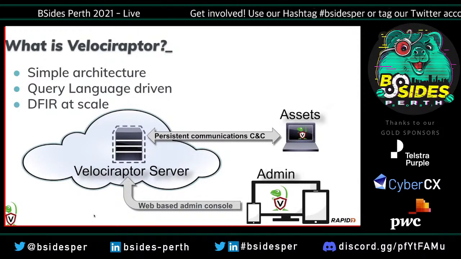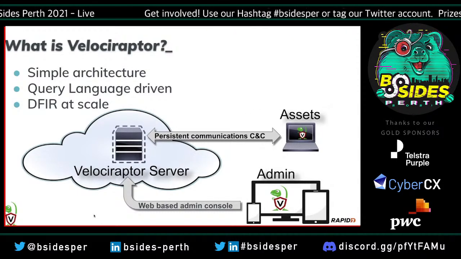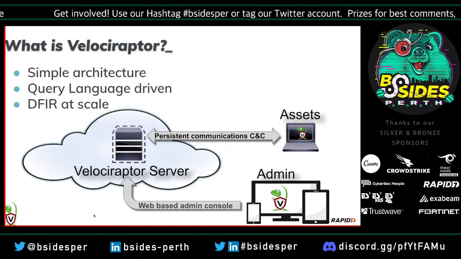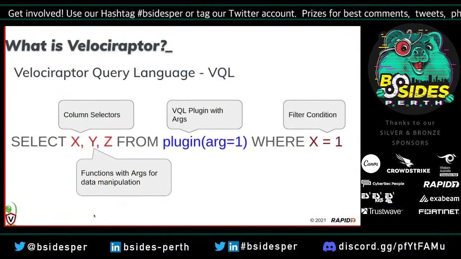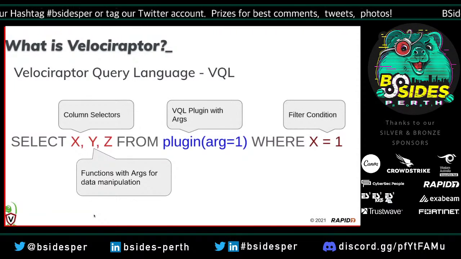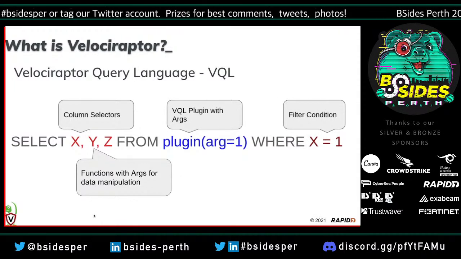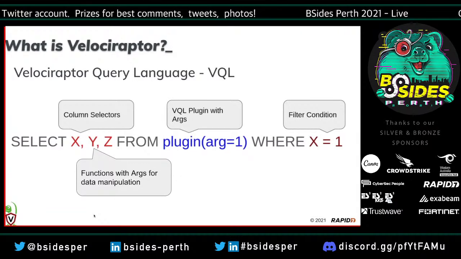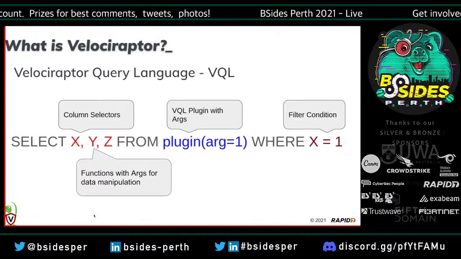It's query language driven. So if you're familiar with tools like OSQuery, you're going to be very familiar with the kind of syntax that we're using in Velociraptor. The Velociraptor Query Language is formatted like you can see on the screen. We generate our rows of data using what we call plugins.